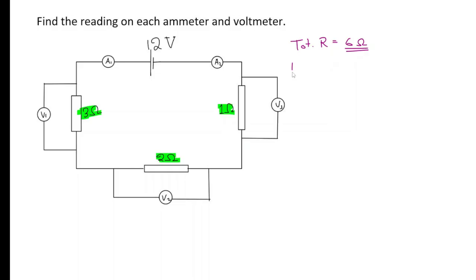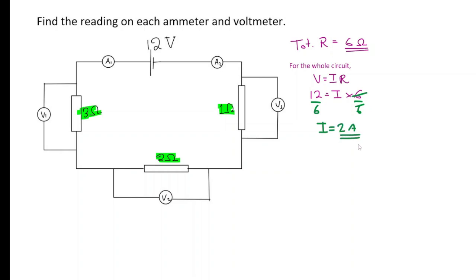Okay. Now for the whole circuit, we are going to write V is equal to IR, and the voltage here is 12. I don't know I. R is 6. So you divide both sides by 6, and you get the current to be 2 amps.